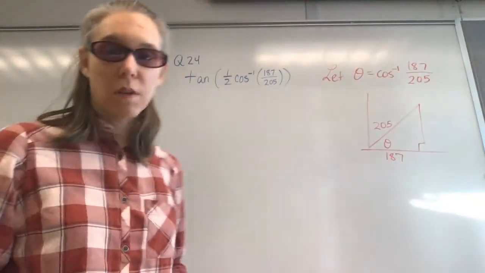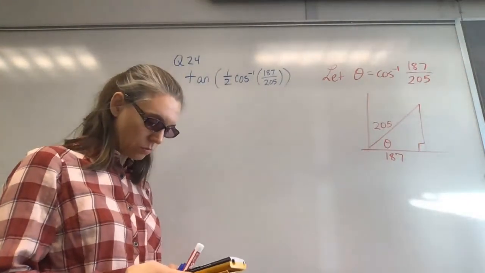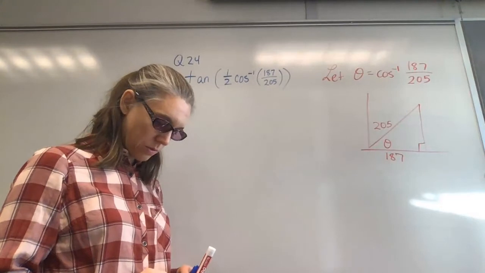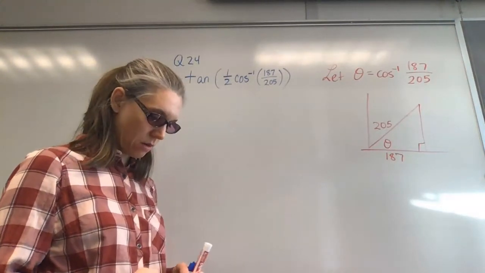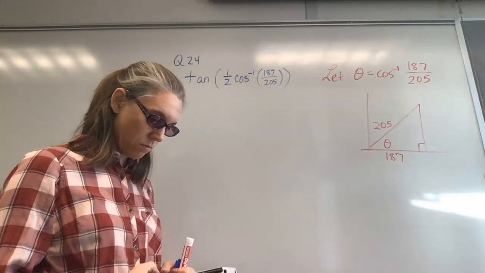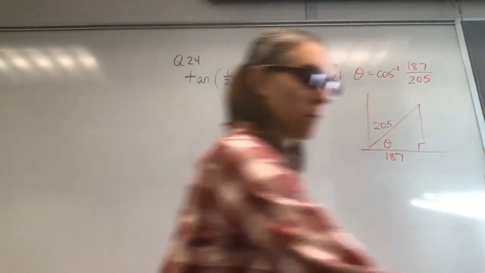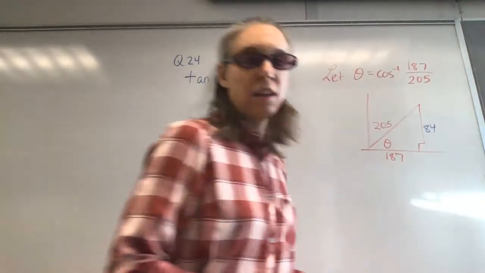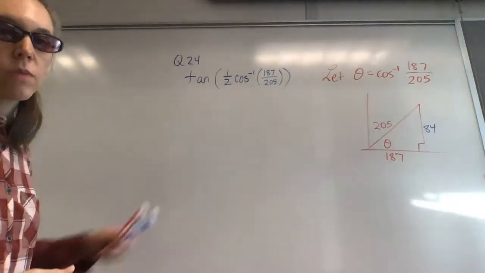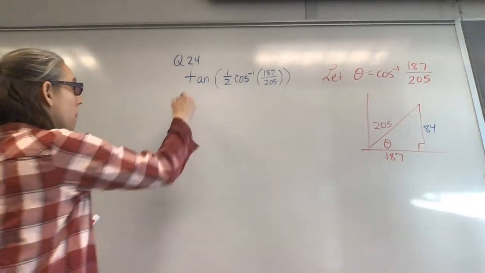I don't know. Let's find out. 205 squared minus 187 squared, square root, 84. Oh, look at that. We do have a Pythagorean triple. How nice. Okay, so back over here.